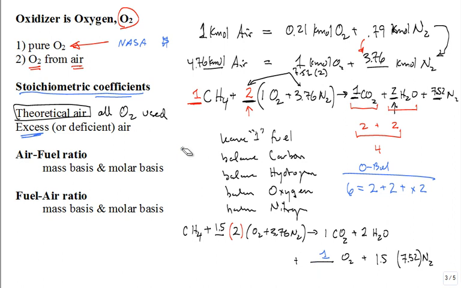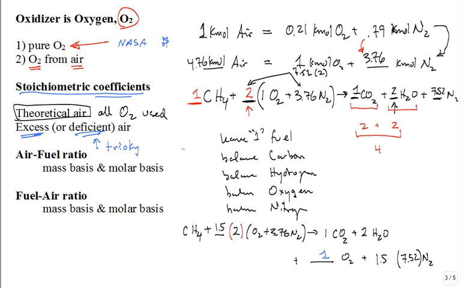Okay. Now, what happens when I have deficient air? This is tricky. What do you mean by tricky? Well, that means you don't have enough oxygen to go around. And you're going to have to either be told what happens or some other information supplied, but it's not as easy. Because what happened to every one of the carbon when you had excess air? It went to CO2. All right.